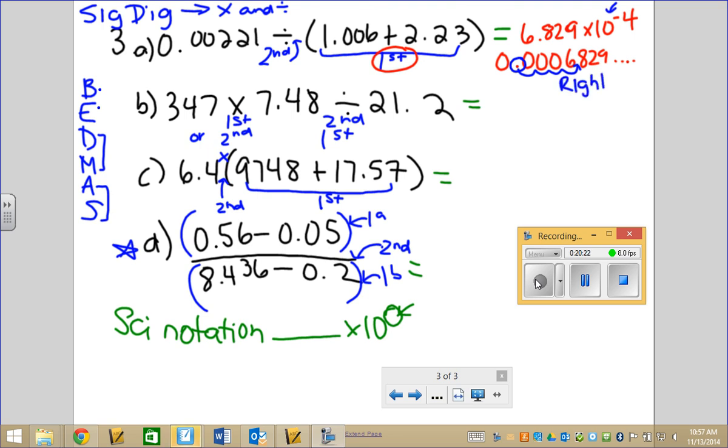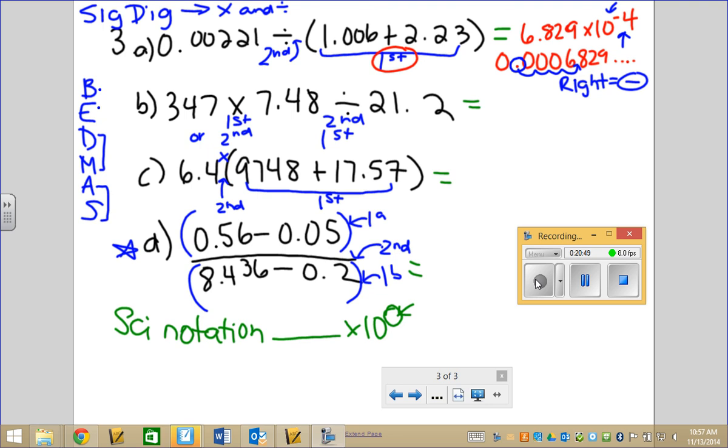So moving to the right equals a negative exponent. Since I moved it 4 times, I put 4 as the exponent. That's how you make scientific notation. You move the decimal so there's only one number in front of it. If you move it to the right, you put a negative. If you move it to the left, you don't. And you count how many spots you moved it. Since I moved it 4 times here, my exponent is 4.